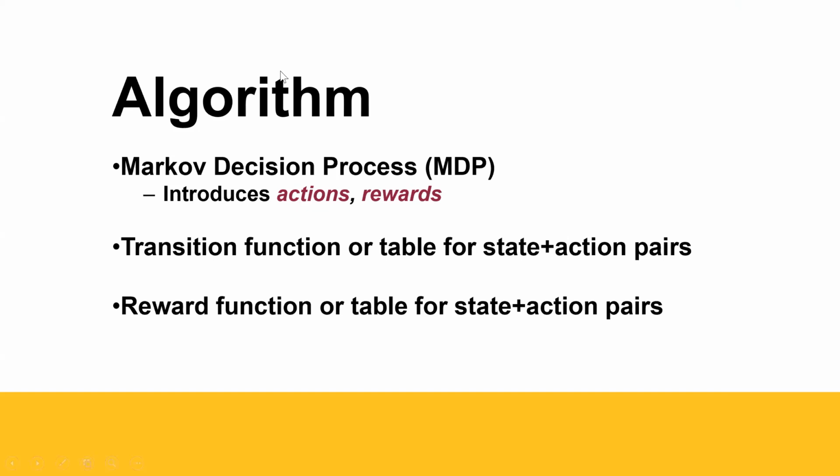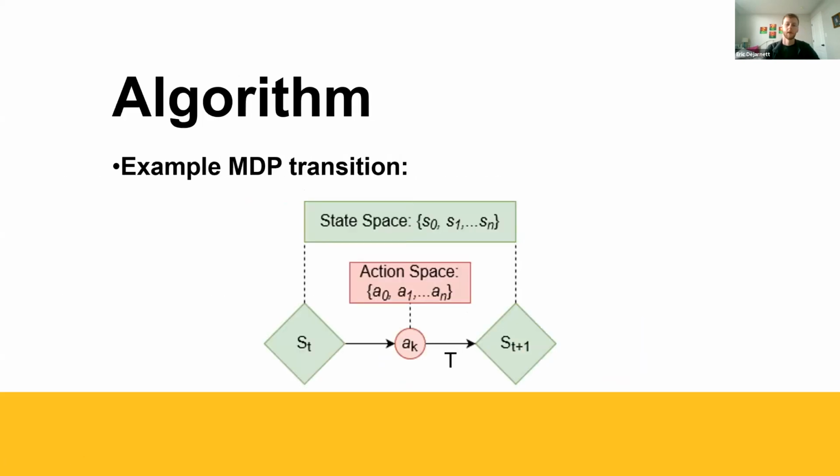Yes. Okay. So the goal is to maximize the reward, like a whole lot of machine learning and AI algorithms. I just have an example transition here. It's hard to visualize this, so I did my best. You have two states, which are both in the state space. They have to be, because that's how these are defined. You have an action, which is in the action space, because again, that's how it's defined.